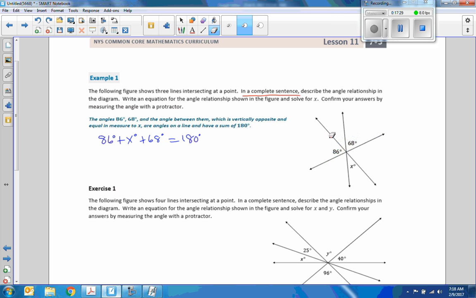Okay? So now I'm going to solve this, combining like terms. 6 plus 8 is 14, carry the 1, 6 plus 8 is 14, plus 1 is 154.